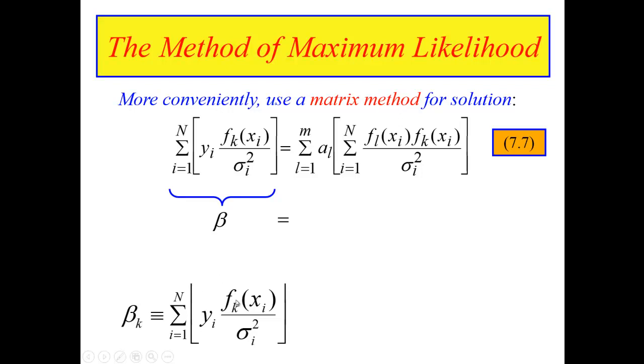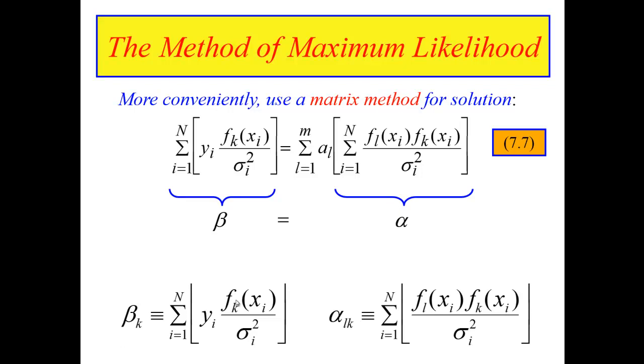And then on the right-hand side, we'll define the term that multiplies each one of the parameters, each one of the A sub l parameters, we'll refer to this as the alpha matrix, where, of course, the beta matrix is just a one-dimensional matrix. It's got, if we have 3 terms in the fitting function, it's got 3 terms in it. The alpha matrix is a square matrix, and so it's got indices l and k that are determined by the products of the individual terms that are in the fitting function.